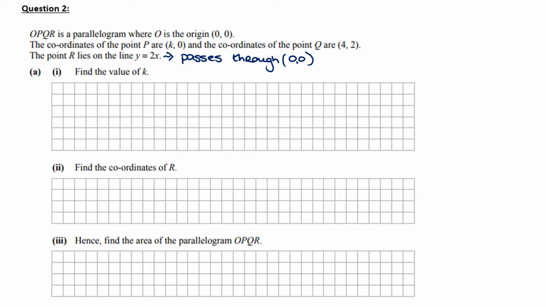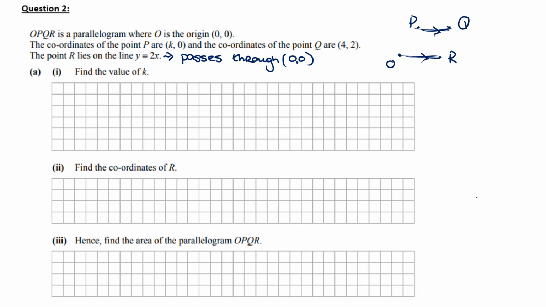If you draw the points as given, this is O, P, and then Q should be up here because they're named in order, then R. So by that logic, OR must be parallel to PQ.